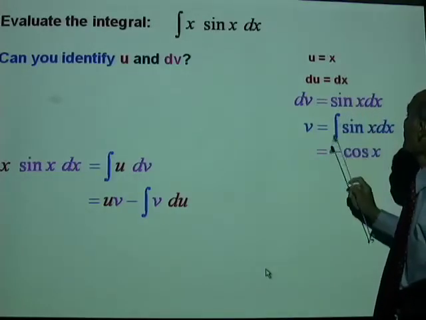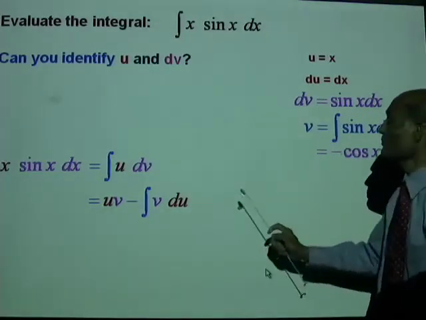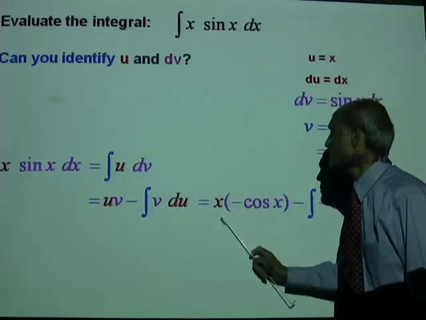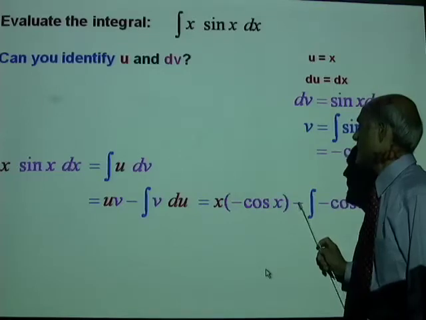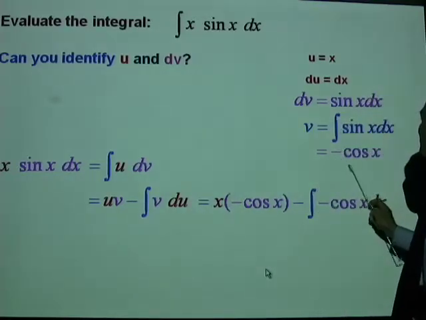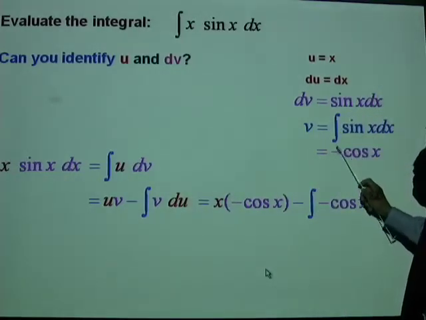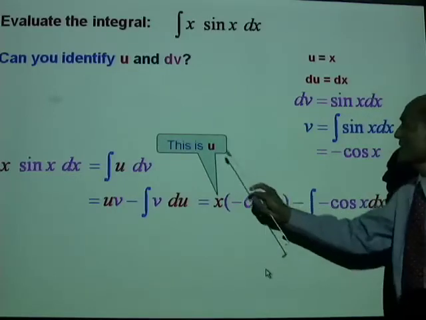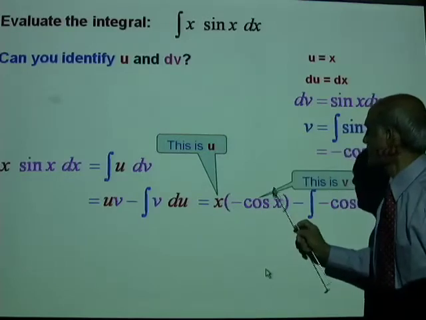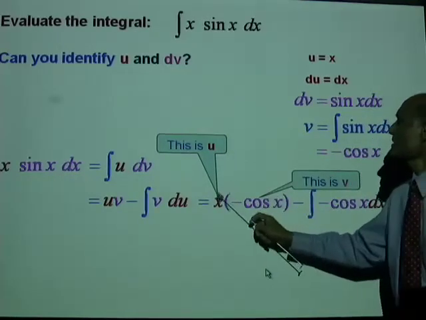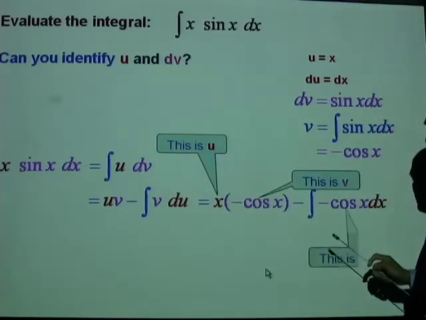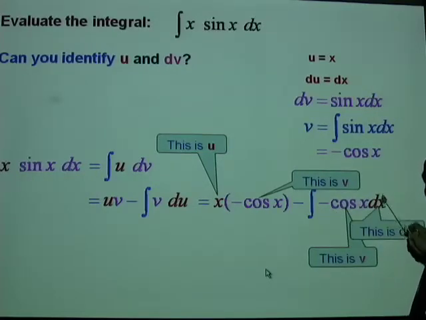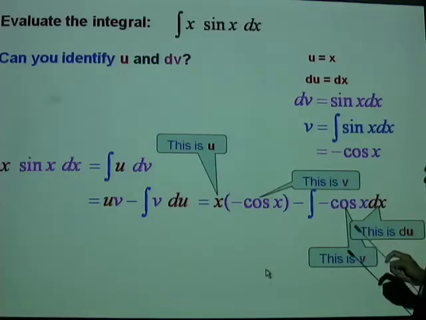U is x, v is negative cos x, so that will be x times negative cos x, that is u times v, minus integral v du. V is negative cos x, du is dx. So once again, this is our u, and this is our v, that gives you uv. This is the v, and this is our du.